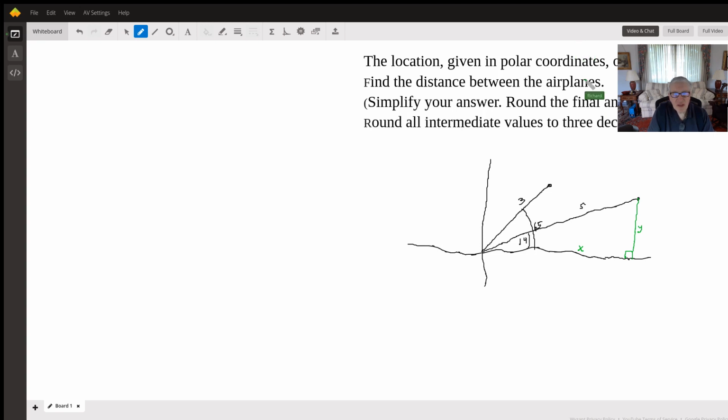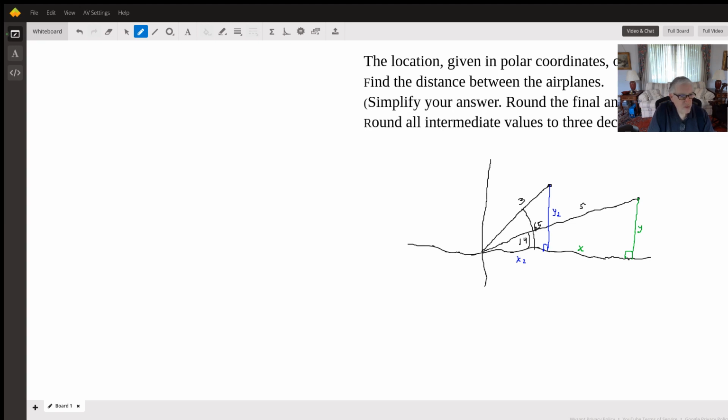And let's find, like this, a blue triangle here. And we can call this maybe x2, y2. So the sine of 65 is going to be y1 over 3.